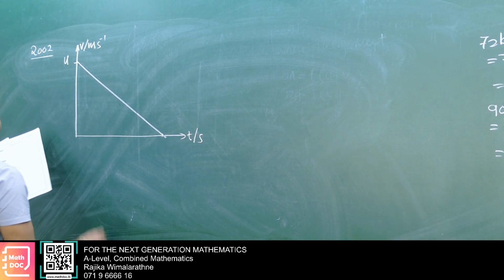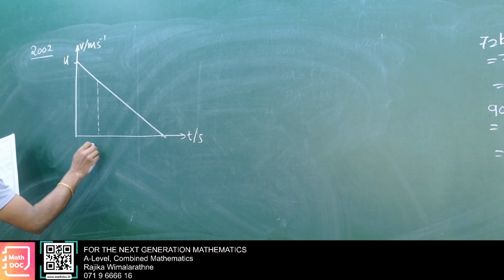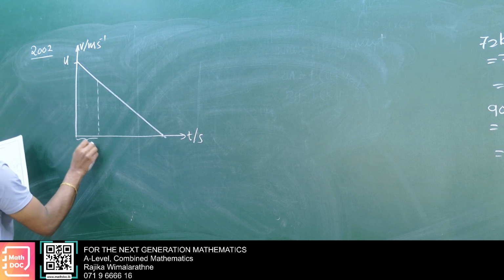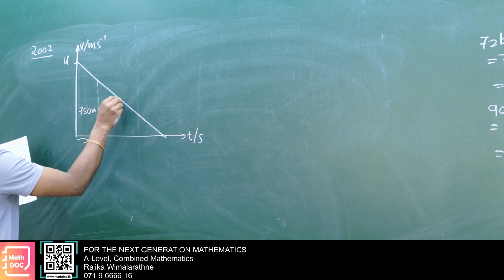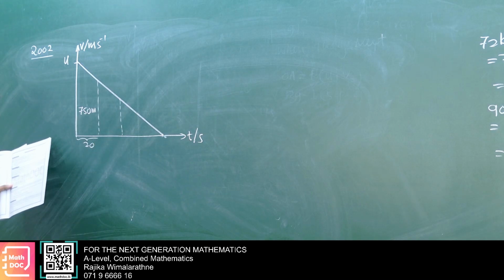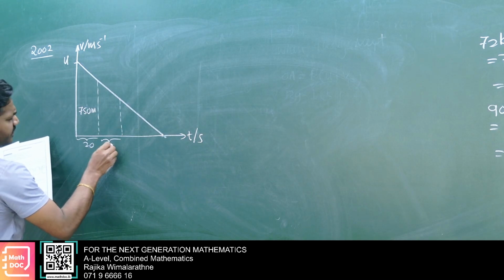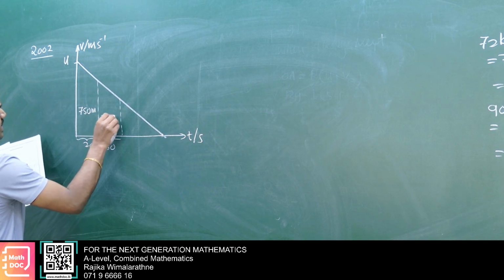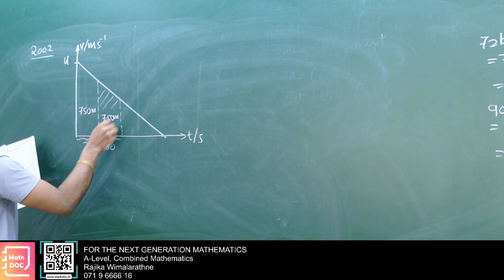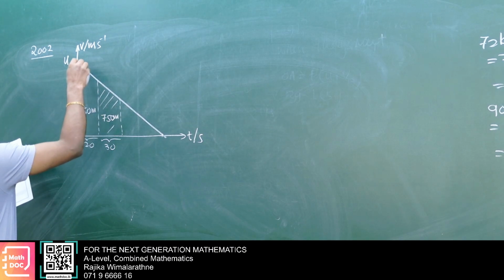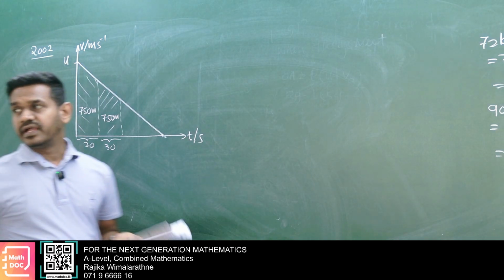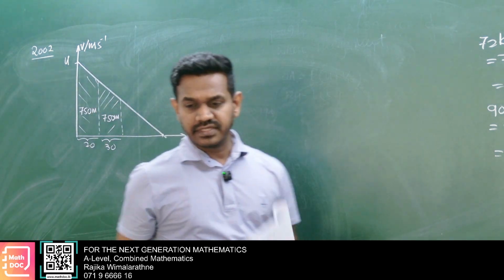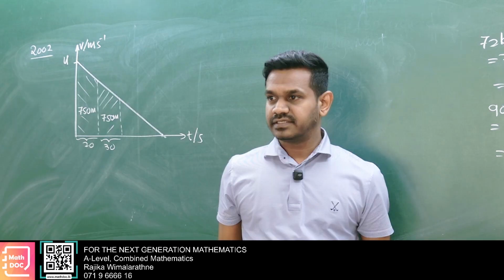Here for the first 20 seconds, 1500 meters. Sorry, 750 meters. Then the next 30 seconds, again another 750 meters. Then t equals 20 means from the beginning 20 seconds.